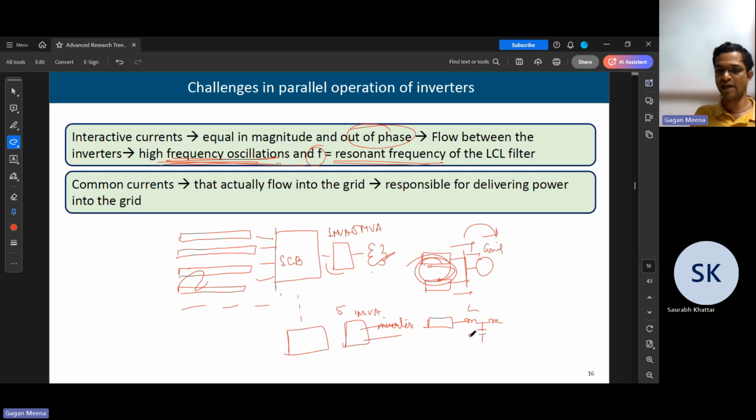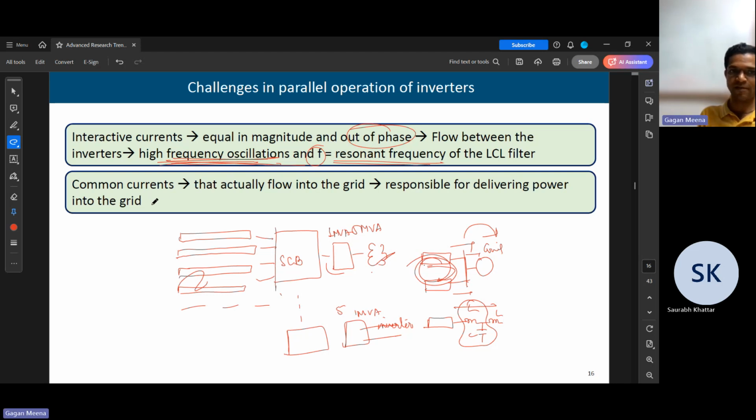If we use an L filter, then we do not see this phenomenon of interactive currents, because an L filter is only a first order filter. In that case, whatever current is here directly goes through. But here, because of the L and C components, we have resonance, and because of resonance, these currents are there.